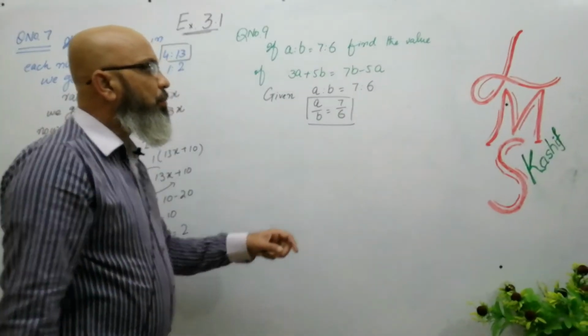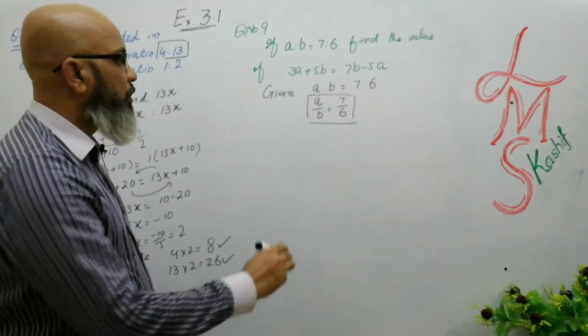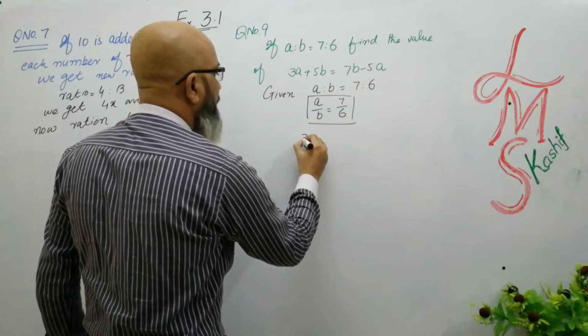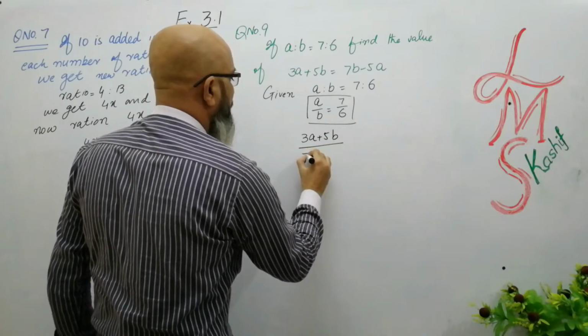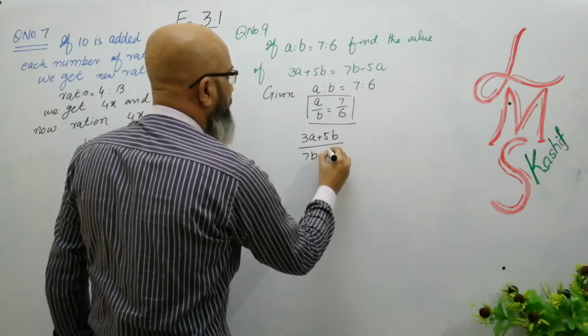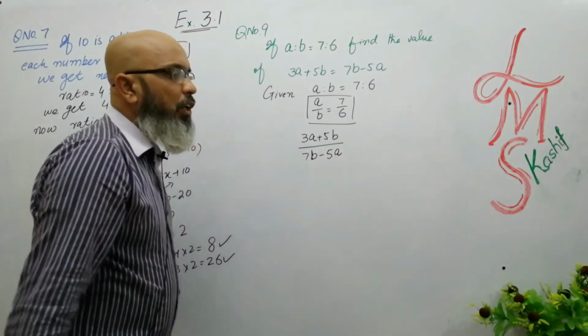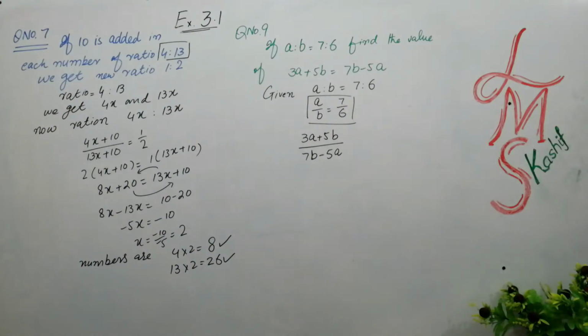And now you have to find the value of this thing, this equation. So if I write this in fraction form, what we get? 3a plus 5b over 7b minus 5a. So similarly, we will first divide with the value of b on both sides.